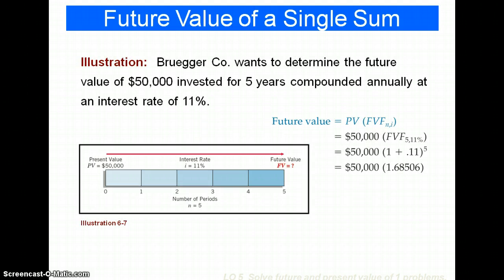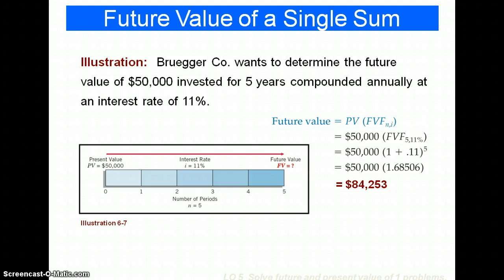In this case, same example: 50,000, 5 years, 11%. The present value is 50,000. I multiply it by my factor, which is 1 plus 0.11, the interest rate, raised to the 5th power. Doing that math, I get 1.68506. I multiply that by the 50,000 and I get the same 84,253. That's the math way of doing it.